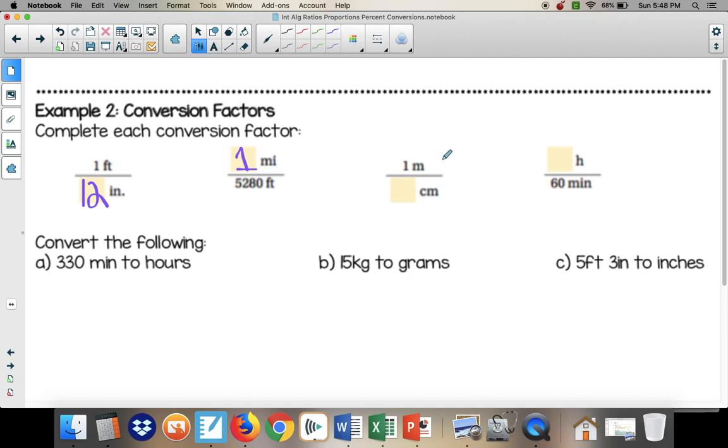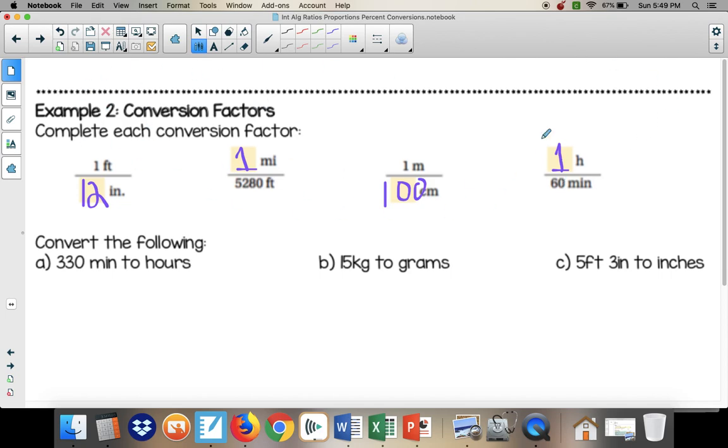All right, so 1 meter to centimeters is 100. So 1 meter is 100 centimeters. And then 60 minutes equals 1 hour.